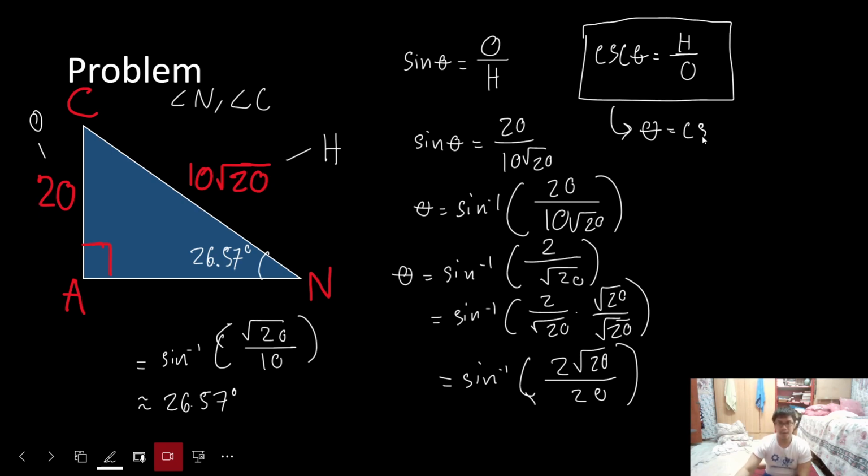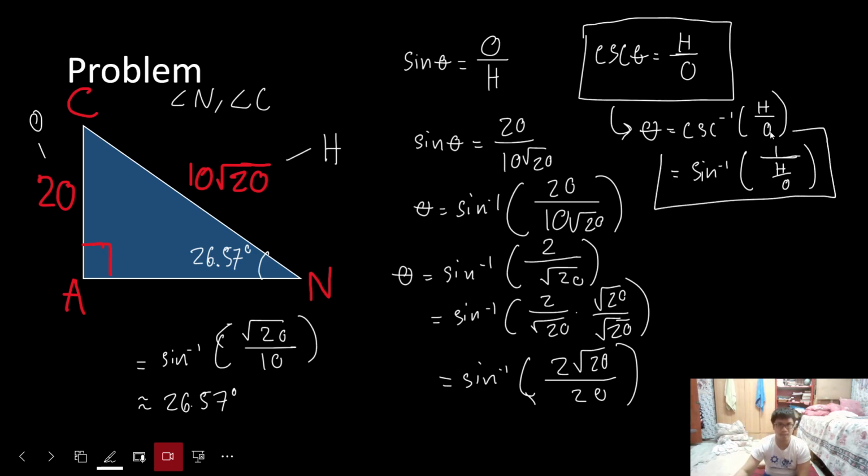But in a scientific calculator, we usually don't have cosecant and its inverse. So you're going to use its equivalent, which is arc sine of 1 all over hypotenuse all over opposite. Okay? That's it. If you're going to use the inverse of cosecant, just use this.